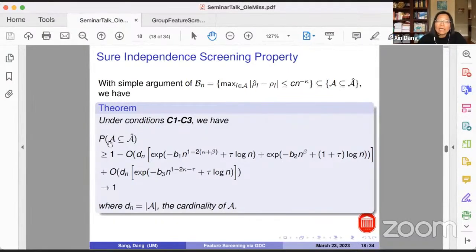Then the probability that A, your true important set, is contained in A hat, your estimated set, will be greater than 1 minus this, which goes to 1. This means your important features are contained in your selected set with probability going to 1. This is the sure independence screening property. So we can establish this property.